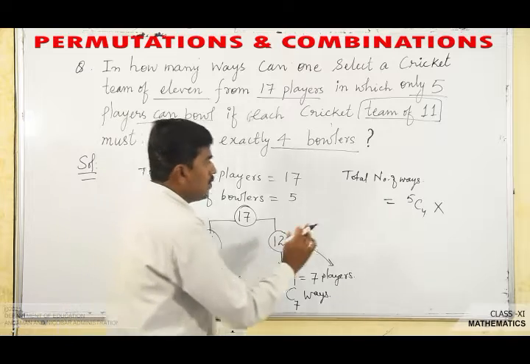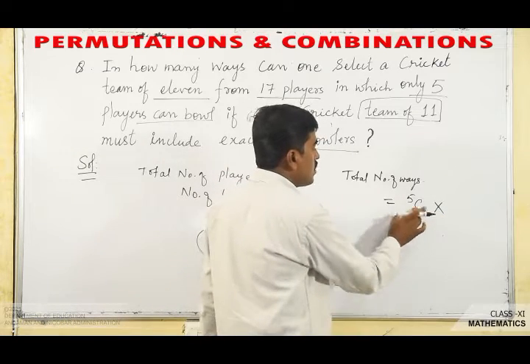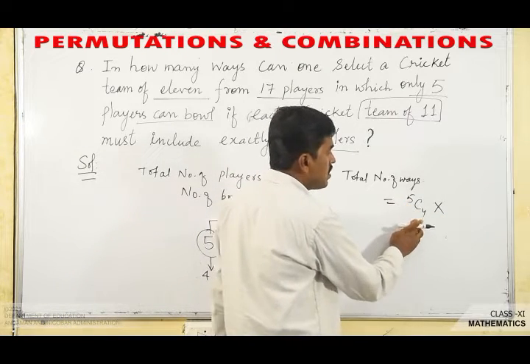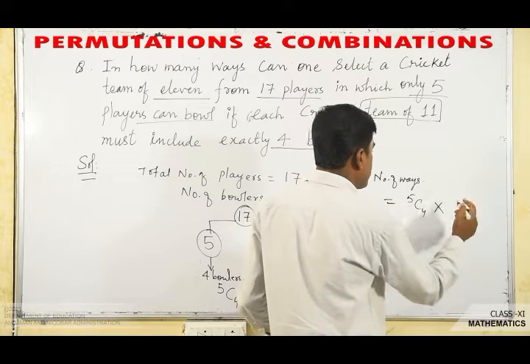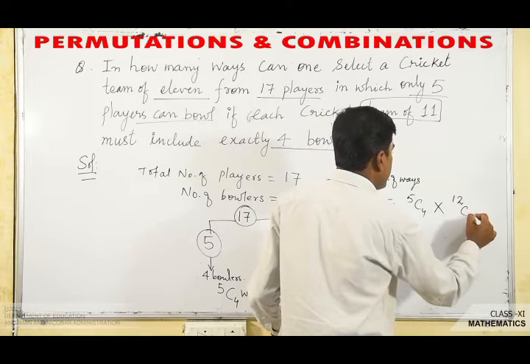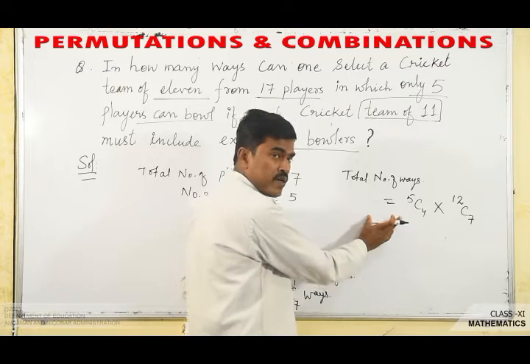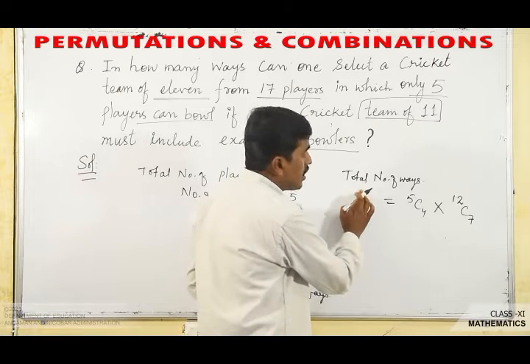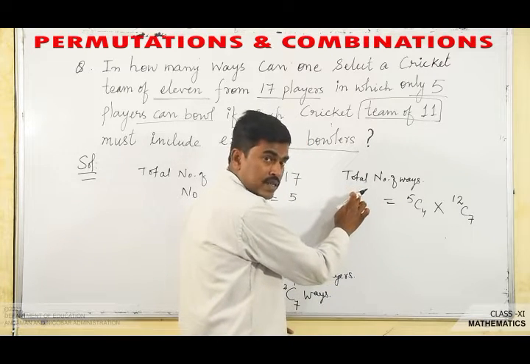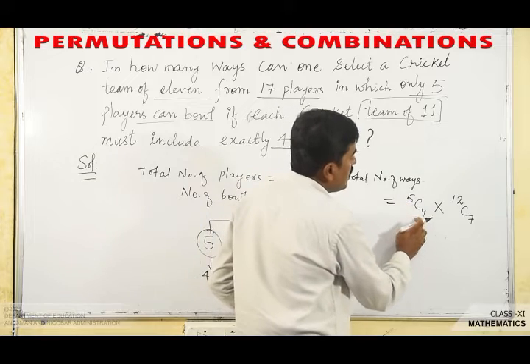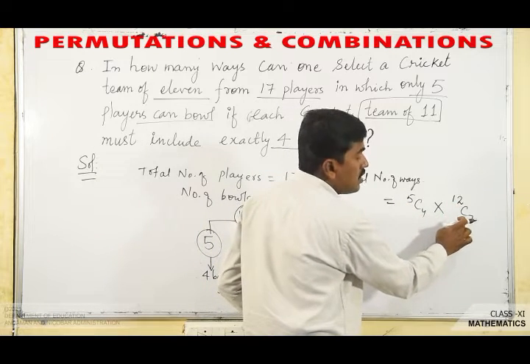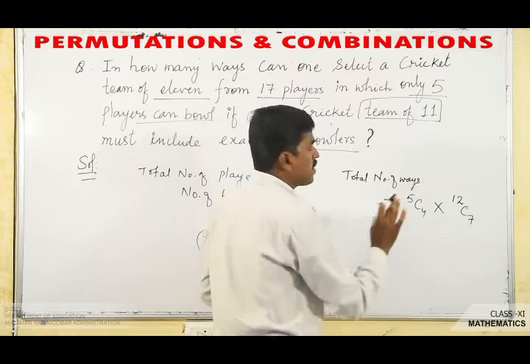So this is the first event. It can be done in 5C4 ways, following which the next event can be done in 12C7 ways. So by using the fundamental principle of counting, the total number of teams is 5C4 into 12C7. And you know how to calculate it.